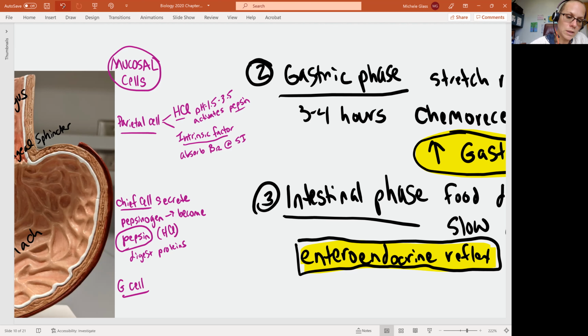And then when we talk about the G cells, we'll see that they are important in releasing gastrin. And I'm going to do a whole talk on the hormones, and so I'm going to save our discussion of gastrin for that time. But what we can see is gastrin basically, I will say, stimulates the stomach here.